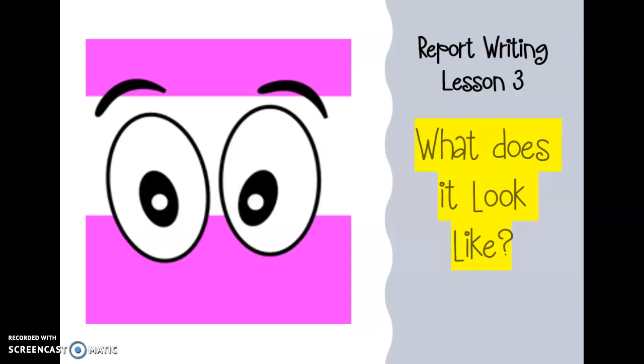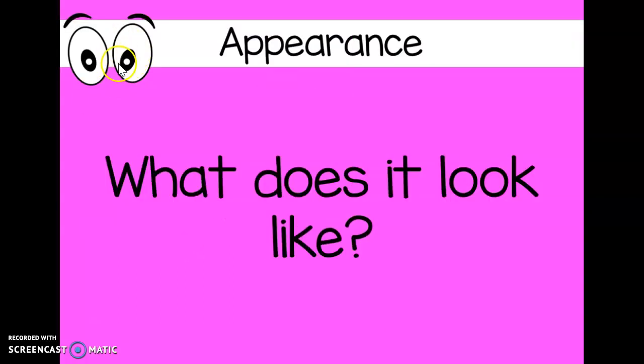So again, when you see the two eyes, it means what does it look like? We're describing the animal as best we can, and we do that first by labeling a picture of the animal. Labeling the picture helps us to write our sentences about the animal's appearance.